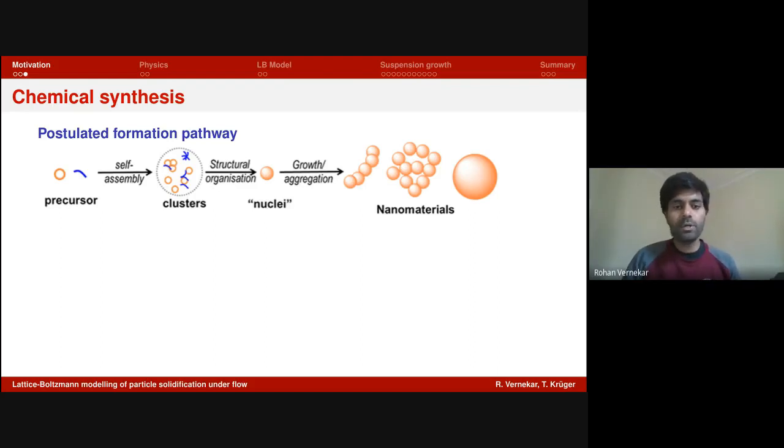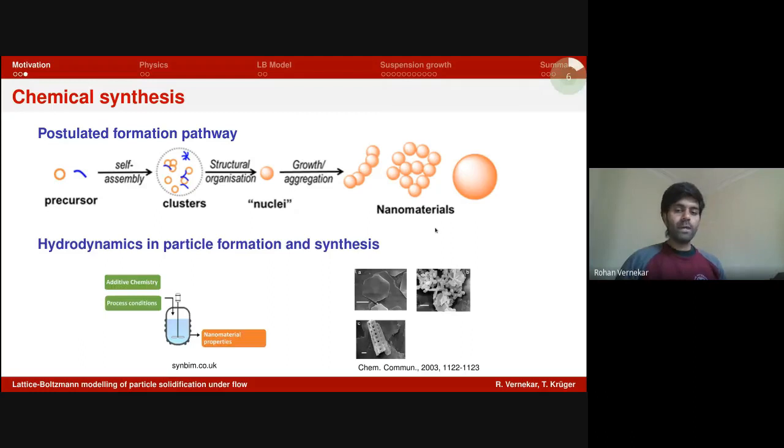Then this rigid nucleus grows and becomes your nanomaterial through aggregation or through simple growth. So my role in the project is actually looking from the nucleus scale to the nanomaterial scale. And in this case, we are looking at a single nucleus that grows to become a larger nanomaterial.